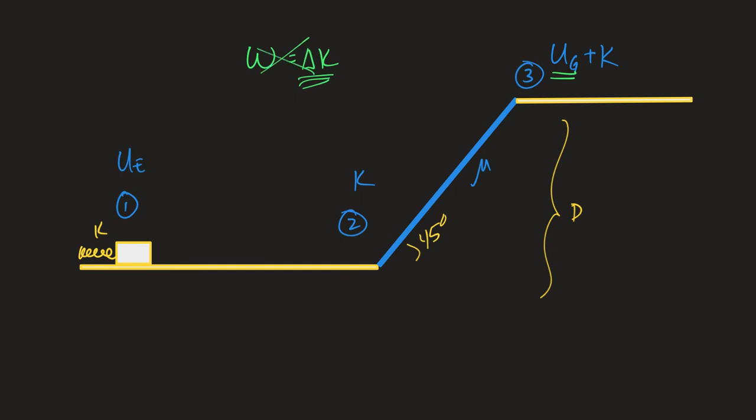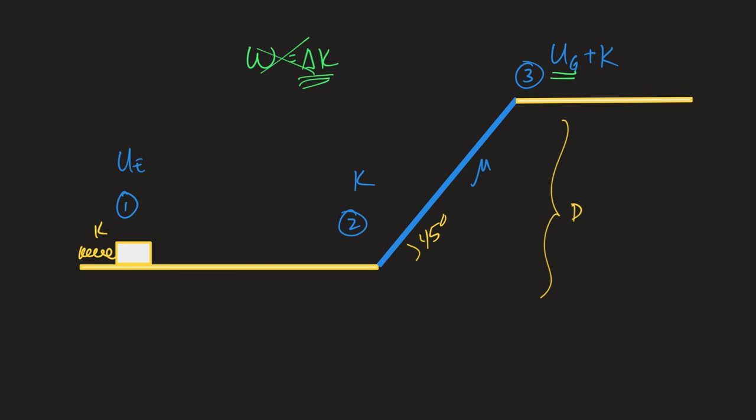That makes this method harder to do, because how much of it was energy taken away from kinetic and how much was put into gravitational potential? It's moving up the whole time, so there's work being done by many forces there. There's work being done by gravity, by the frictional force, and by the normal force. They are all messing around with it.